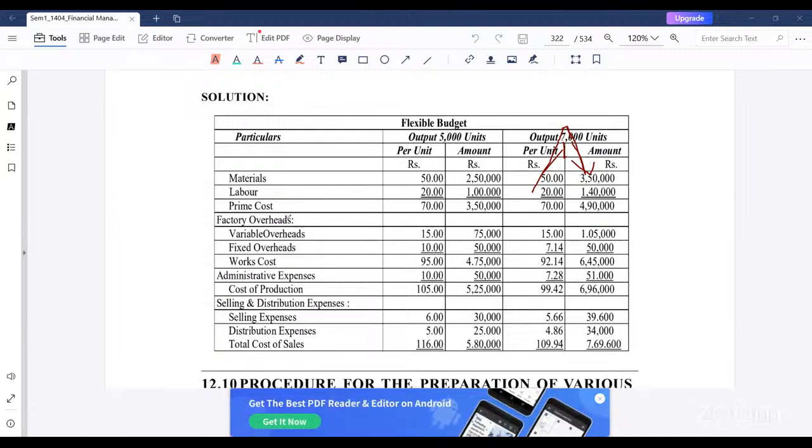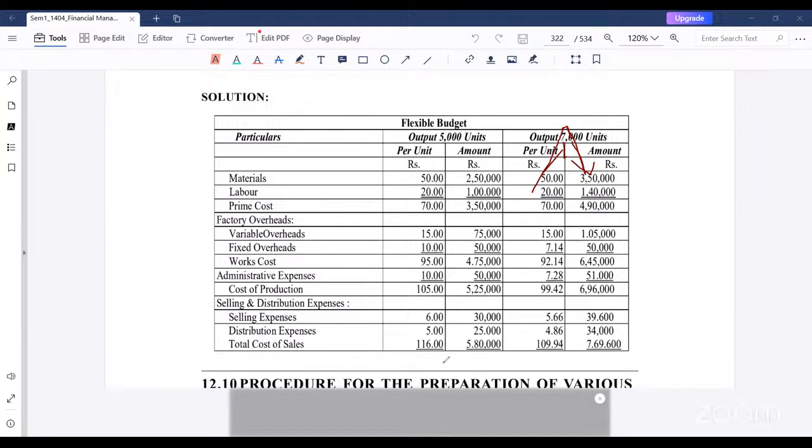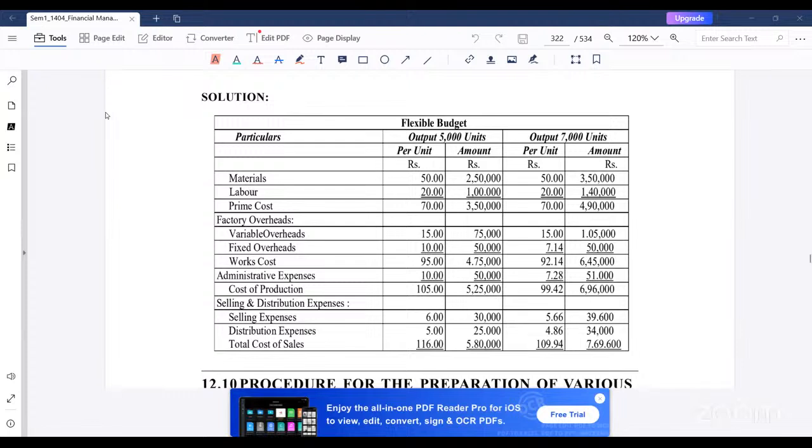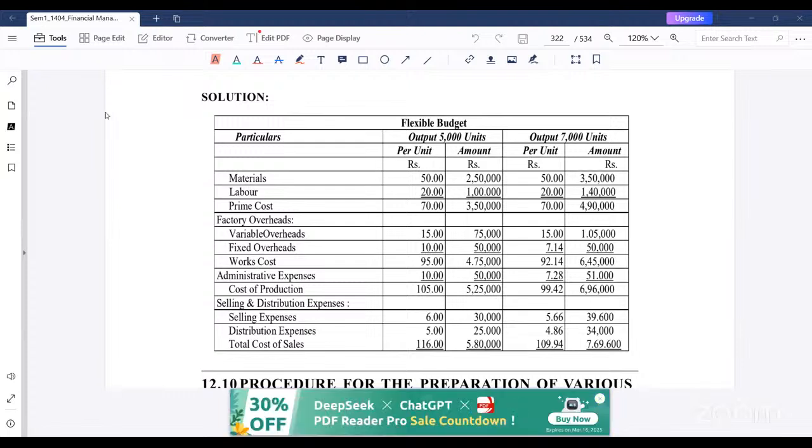The semi-variable will change, the others will not change. This is how we get the total cost of sales under flexible budget. And the remaining budgets we continue in the next class.